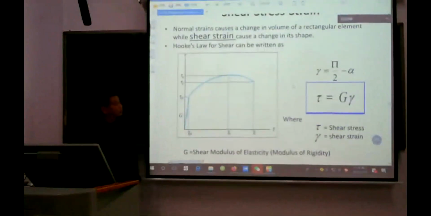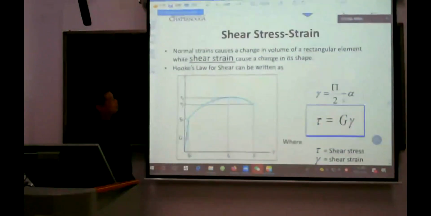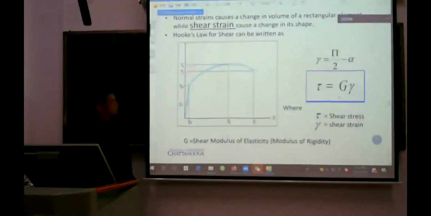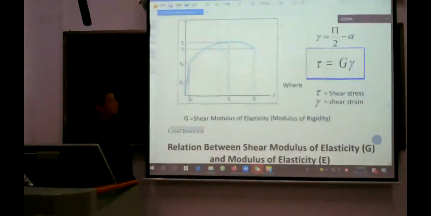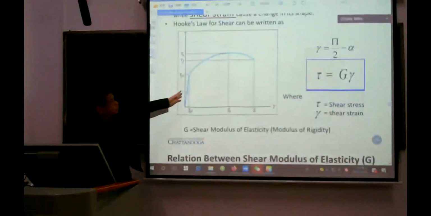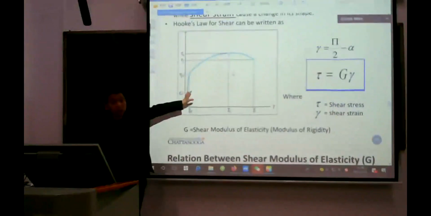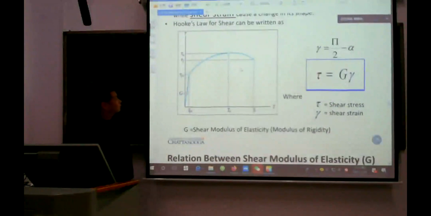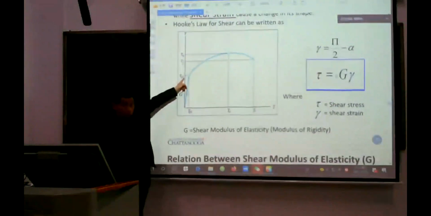Same. There is the shear Hooke's law. We got it from experiment. This curve, we got it from experiment. Tau proportional limit.